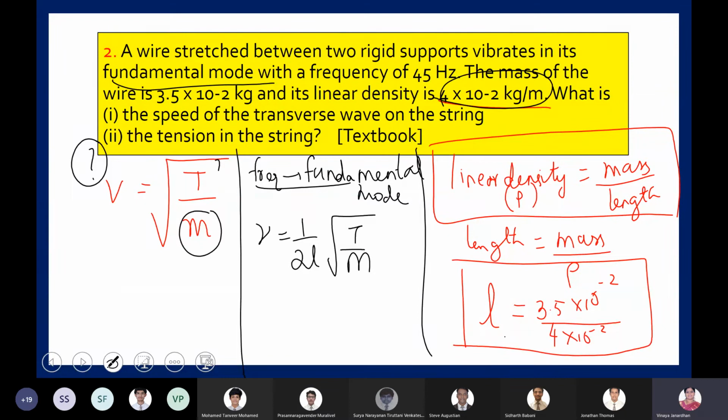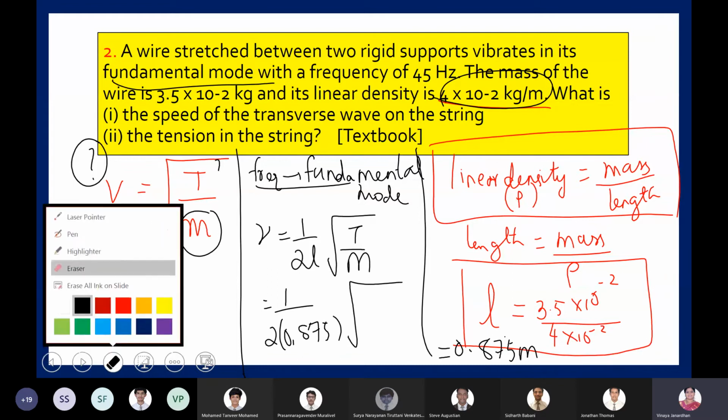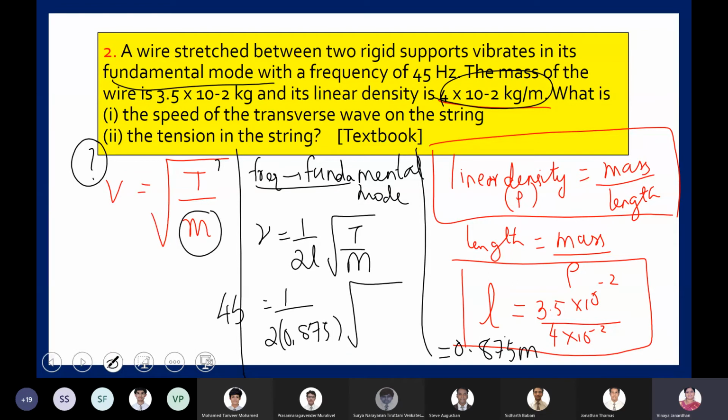I'll give you the value. It is 0.875 meters. Boys, a textbook question, generally textbook question often repeats. So nu becomes equal to 1 by 2 into 0.875 into root of. Now, what is the frequency given? 45 hertz, right? So this becomes 45.